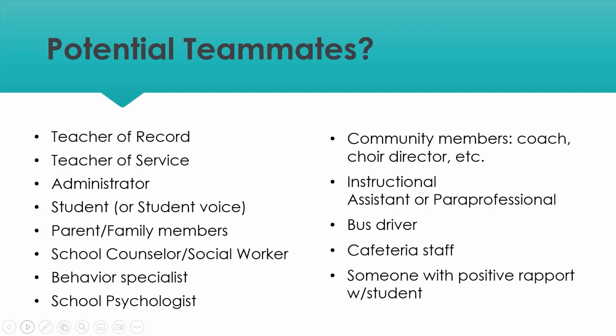So it's really important to try to find a wide range of people when you're looking at a student's behavior. When we say teammates, it's not that you have to have all these people together for meetings all the time. But these are the people that you have to ask the questions about a student's behavior.